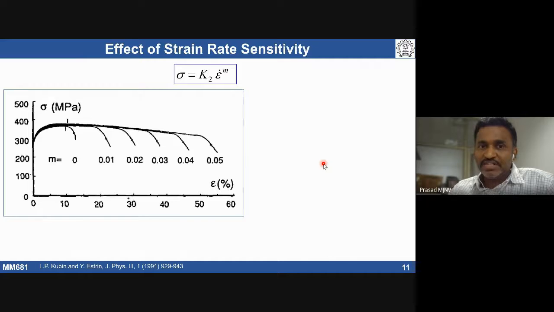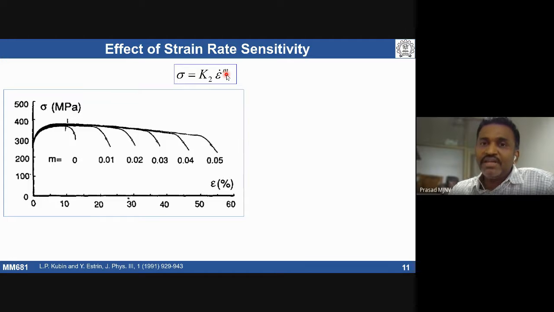Next, we also said there will be negative strain rate sensitivity in the material. We already discussed that stress is typically taken as a function of strain at a given strain and temperature: sigma is equal to strain rate to the power of m.